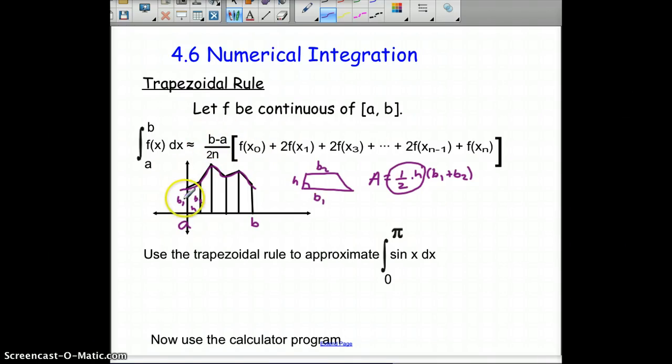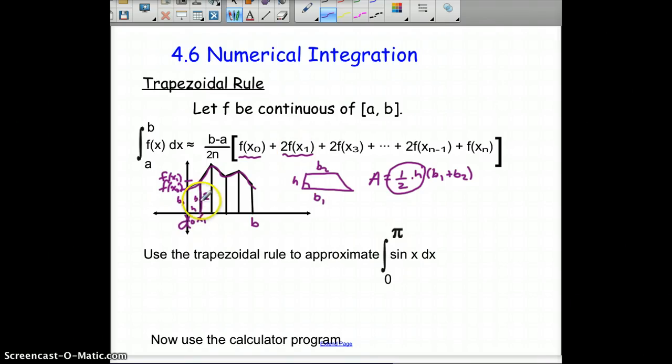And base 1 on this left side here is represented by f of x sub 0. So this first value is x sub 0, and when you plug it into the function, the base 1 is f of x sub 0. Base 2, if this is x sub 1, then the height here is f of x sub 1. Why is there a 2 in front of it? Because we'll also use it for the left side of this trapezoid number 2.